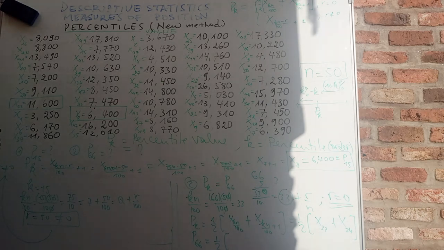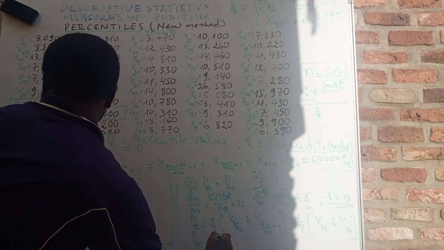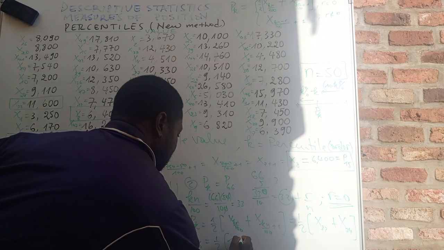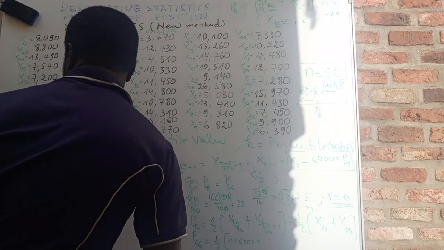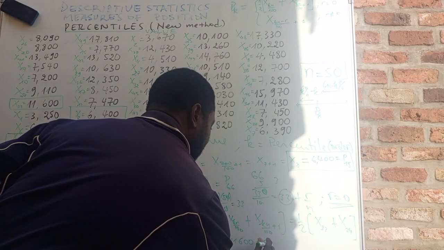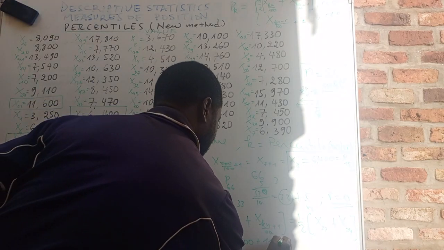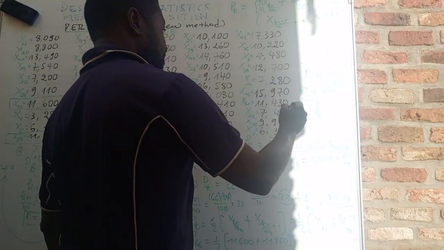I think it must be over here. Okay, so now we are going to find the sum of these two: 11600 plus 11860. Okay, adding up and dividing by 2.